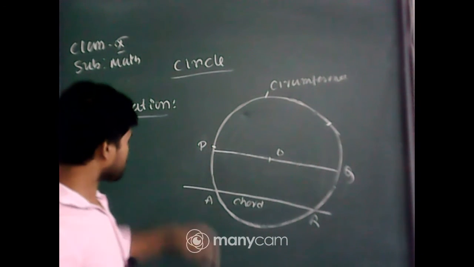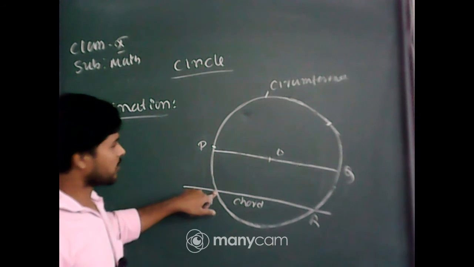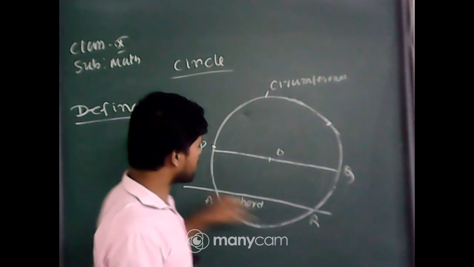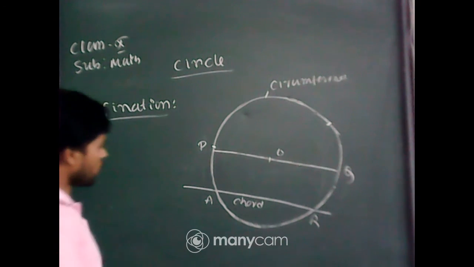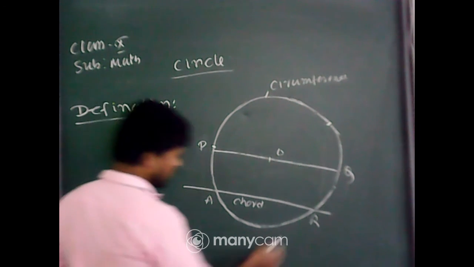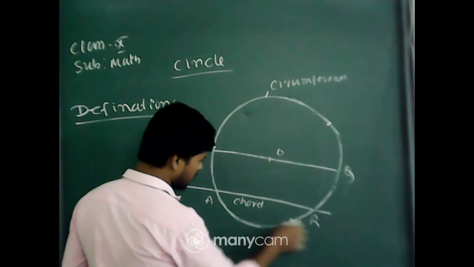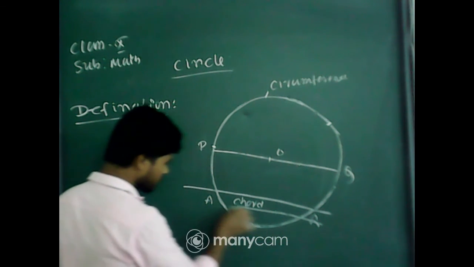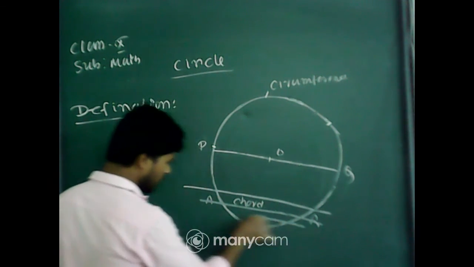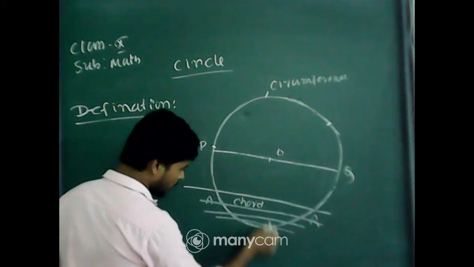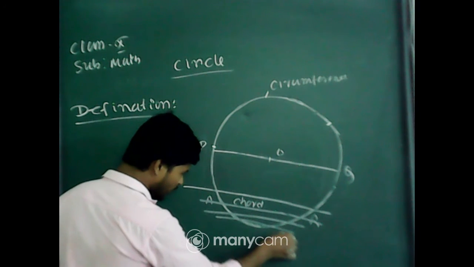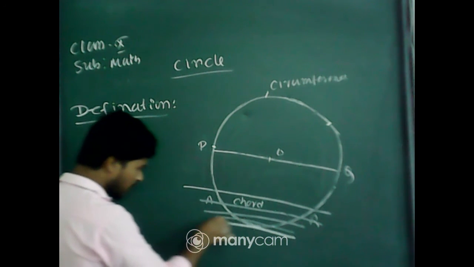So look, chord means a line which intersects the circle at 2 points. Now look, if I sweep the line parallel to itself, at one point you can find that this line will touch the circle at only one point.